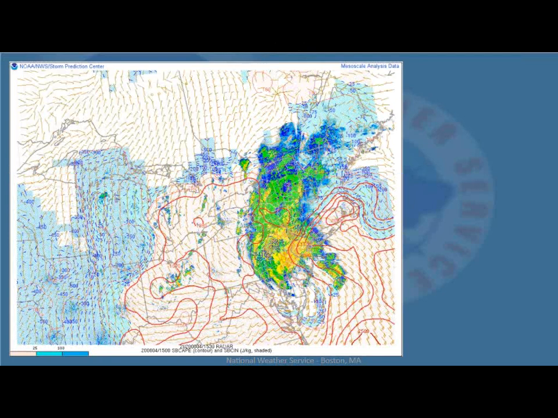Remember, warm air rises, so you need the surface to be warmer than what is above it. So in this case, the higher values correspond to more favorable conditions for lifting, and that typically happens when there's a break in the clouds, when there's sunshine, and that allows the surface to be heated up. So it is concerning that there is up to 2,000 joules of CAPE, but that's only one part of the equation.